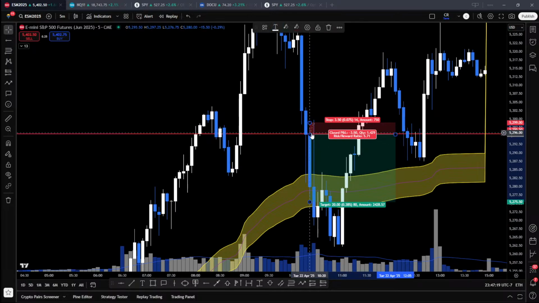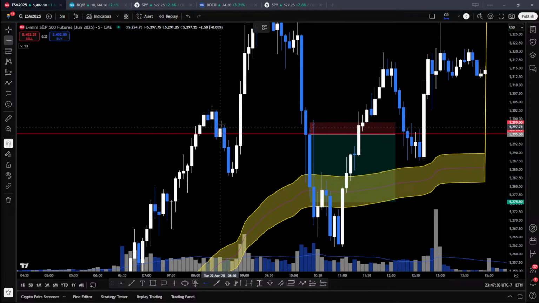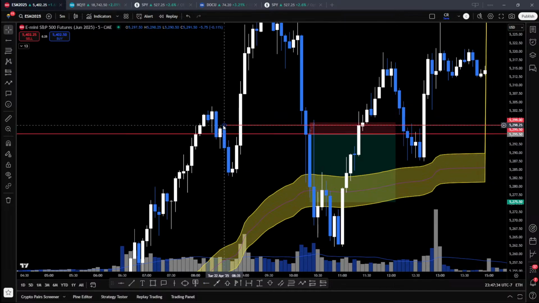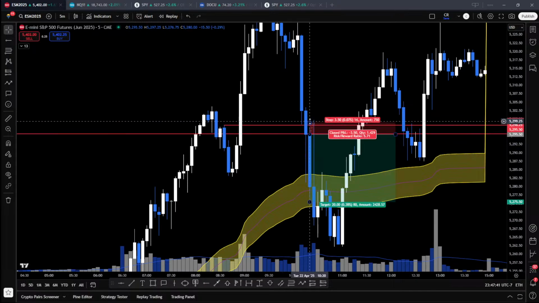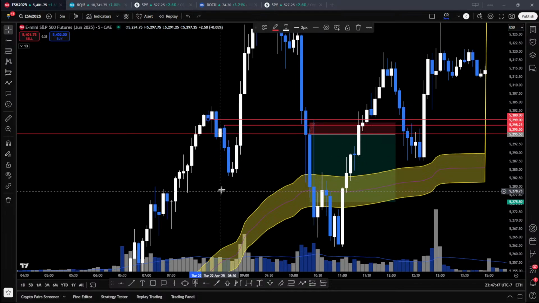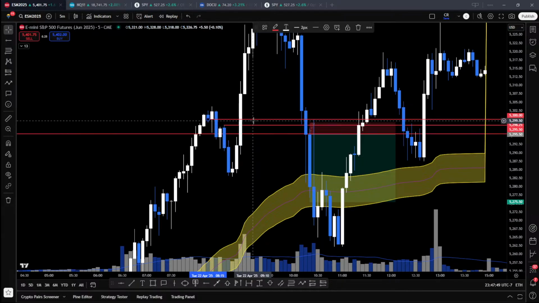For one, I think your stop loss is too tight. Without even talking about the entry, you want your stop loss above this, right? As a minimum. Even the body of this candle, you still might have got stopped out.